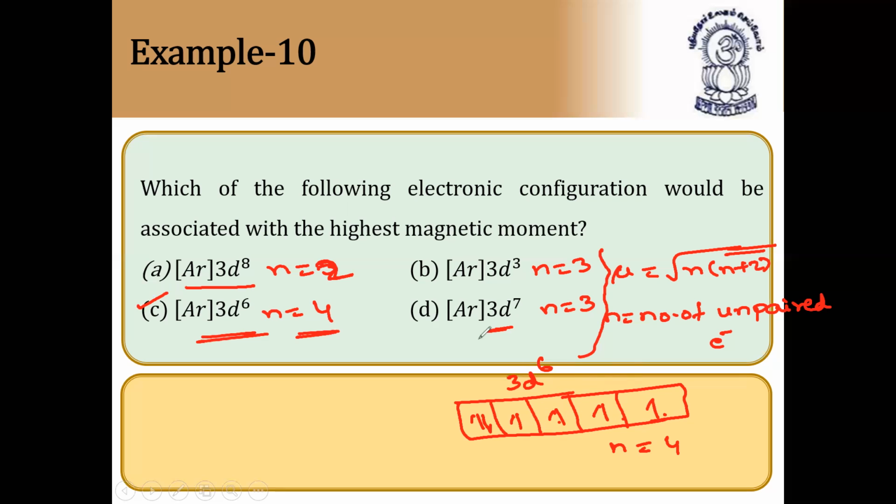And 3d7 means the 7th electron will come, only 3 unpaired. So in all these cases, which is having the highest value of n has the highest magnetic moment. So the highest value of n is for the third option. So the answer is C. These questions are most important. Please note it down. Next question.